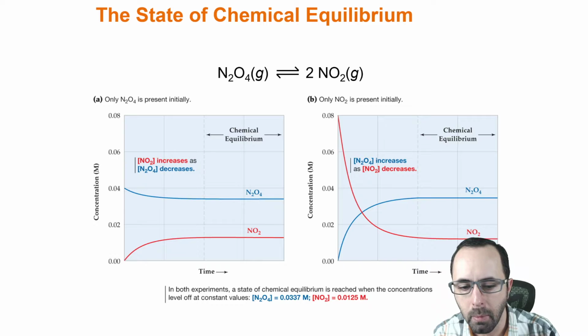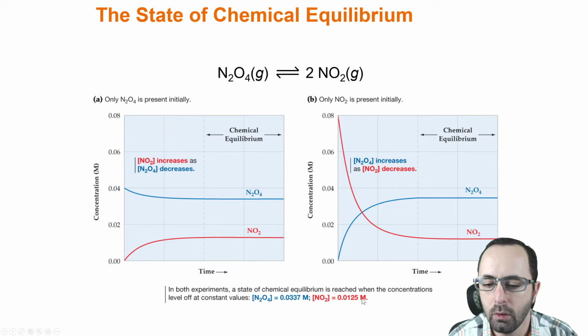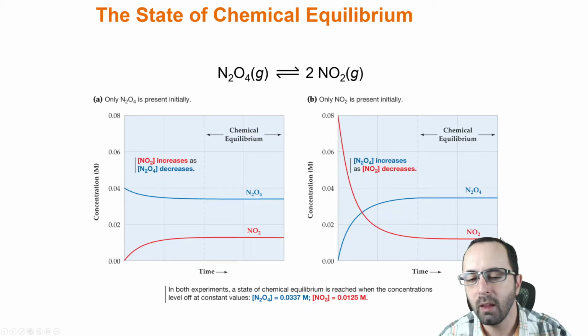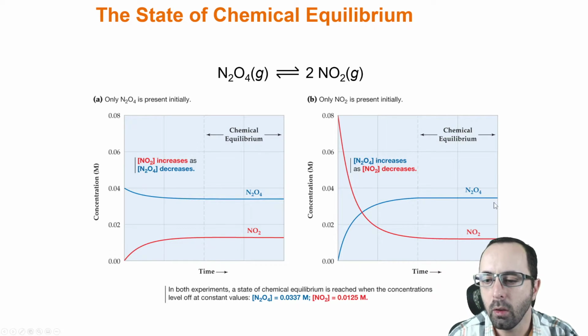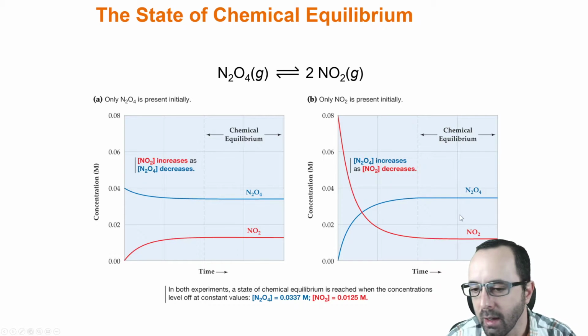reach equilibrium. So in both of these experiments, at the end, the concentration of N2O4 reached 0.0337 molar, represented by this flat part here, and NO2 reached 0.0125 molar. And so the way that we can describe the way the reaction is once it's reached chemical equilibrium is to compare the amount of the products versus the reactants, the reactants versus the products, compare how much there are to one another.